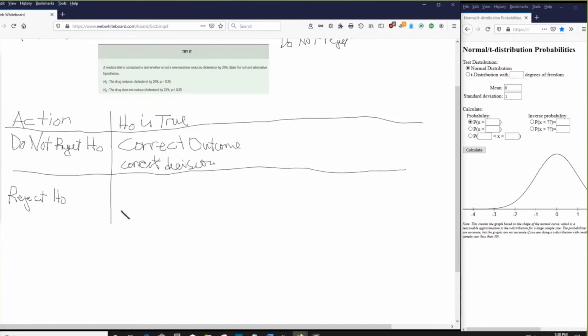But if I choose to reject the null hypothesis and the null hypothesis is actually true, then I have made what is called a type 1 error. And this is when I've made an incorrect decision.